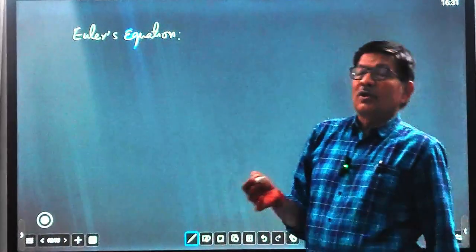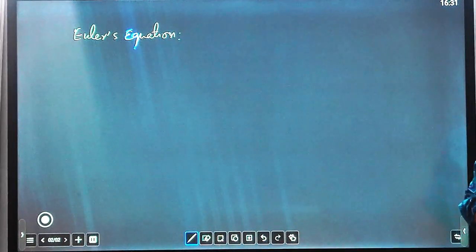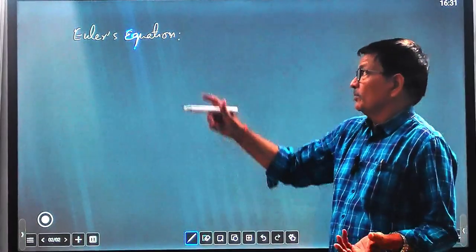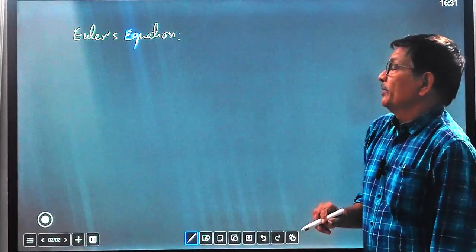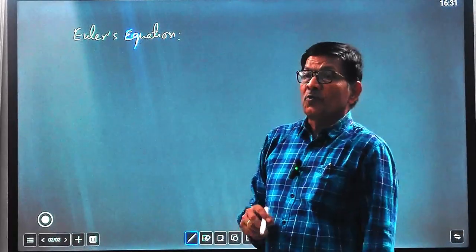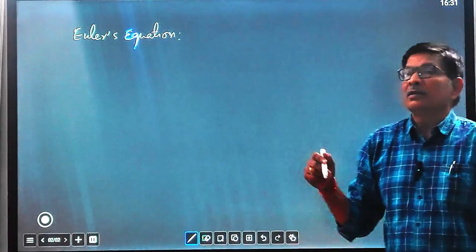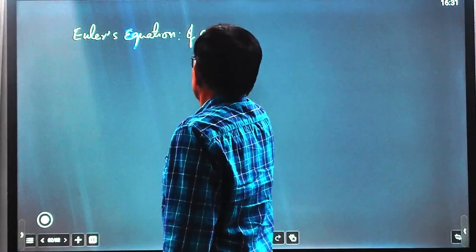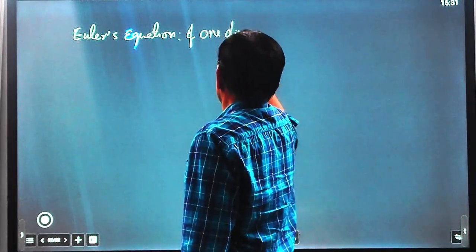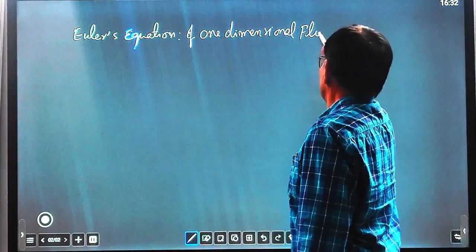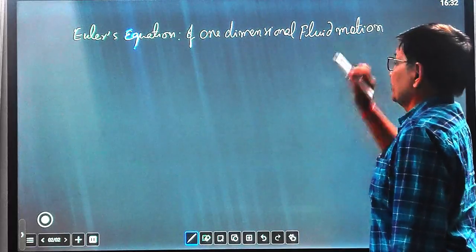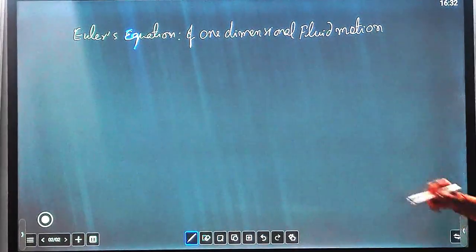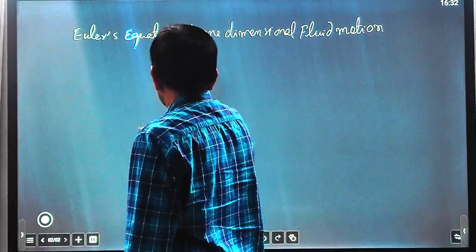The same Euler who gave the Eulerian approach to analysis of fluid motion, Eulerian approach and Lagrangian approach, is also the person who gave the equation for finding the forces involved in a fluid element moving in streamlined flow. Euler's equation of one-dimensional fluid flow, fluid motion. So for Euler's equation, let us draw a fluid element. This is a fluid element.